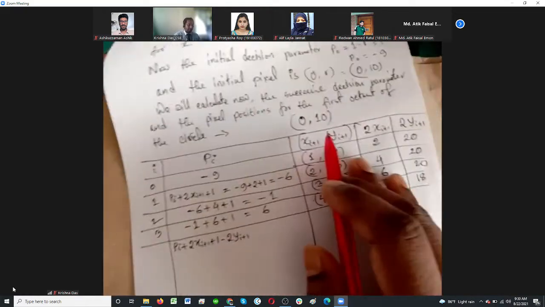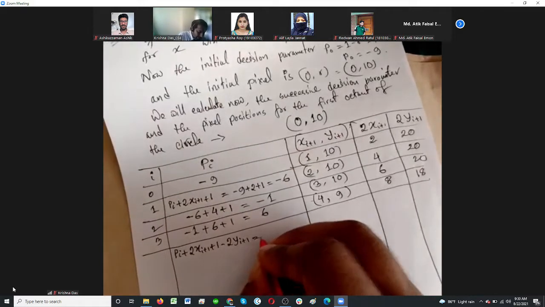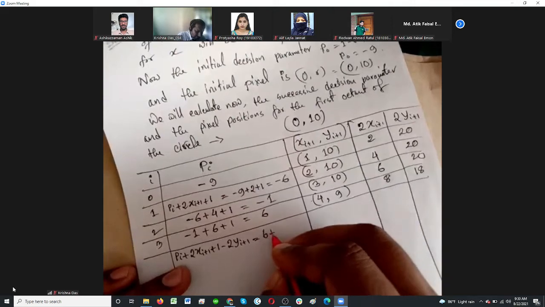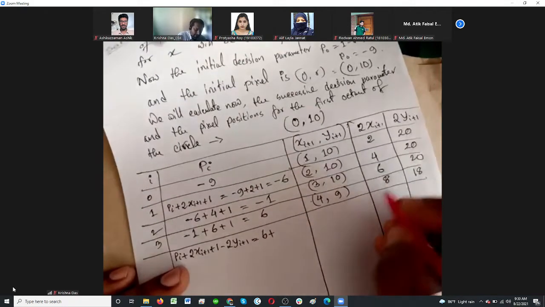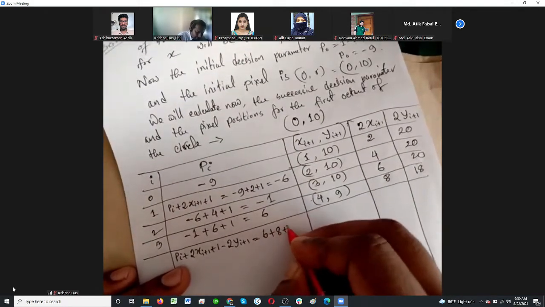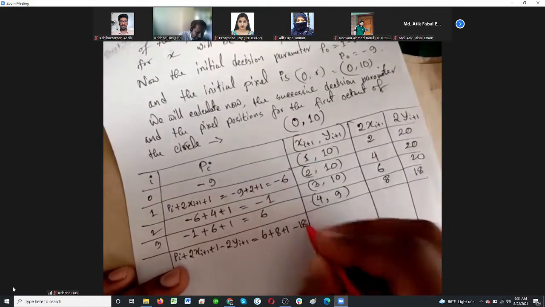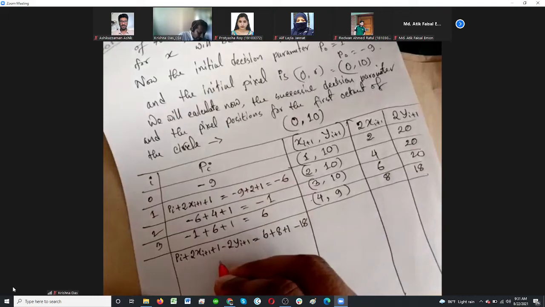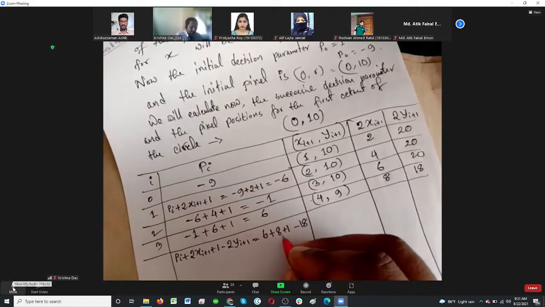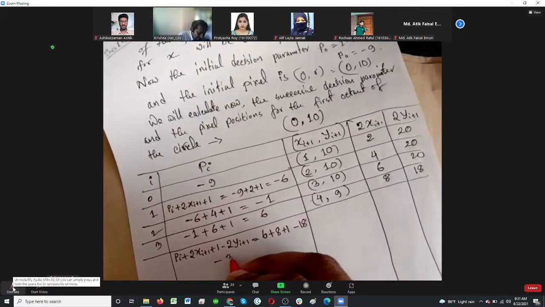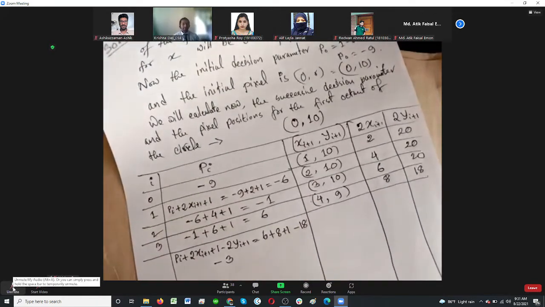So what we are going to get then, with p of i we have 6, twice value of x is 8, plus 1 minus twice value of y is 18, right? So we get 6 plus 8 is 14, plus 1 is 15, minus 18, that is minus 3. Yes, again we got the negative, right?